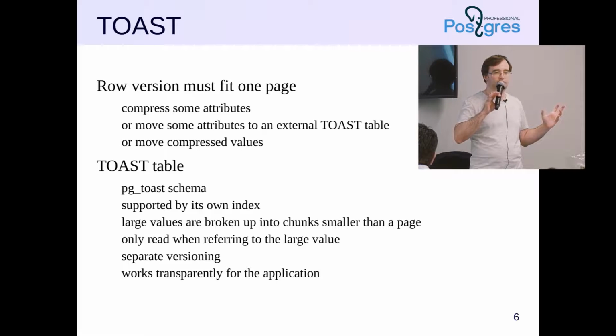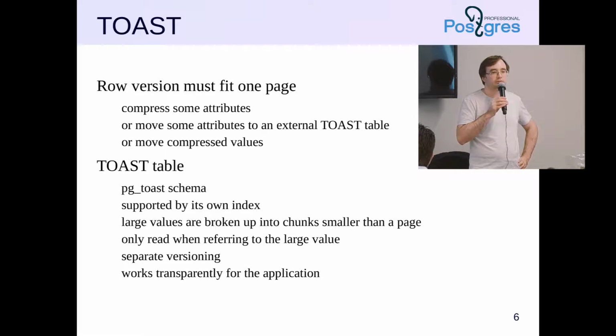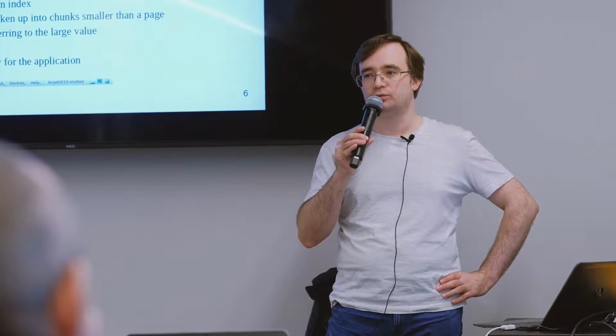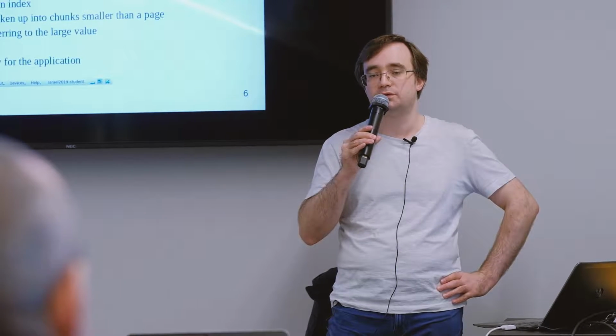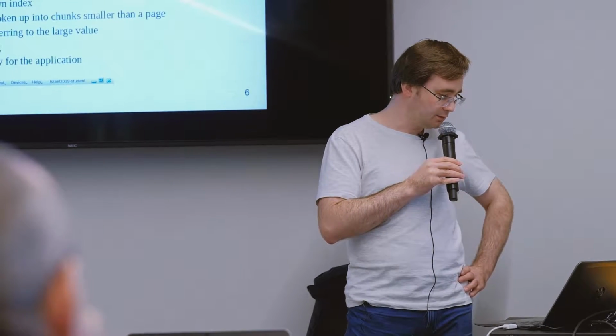Your row may be compressed and then sliced into chunks. A toast table is just a usual normal table, but it is created in a special schema, so you usually don't see this table. It is supported by its own index to quickly find chunks that are needed.